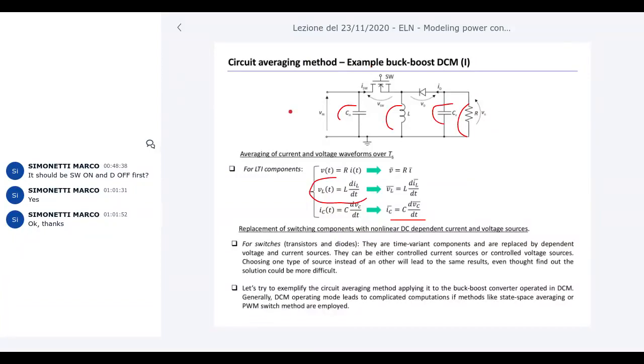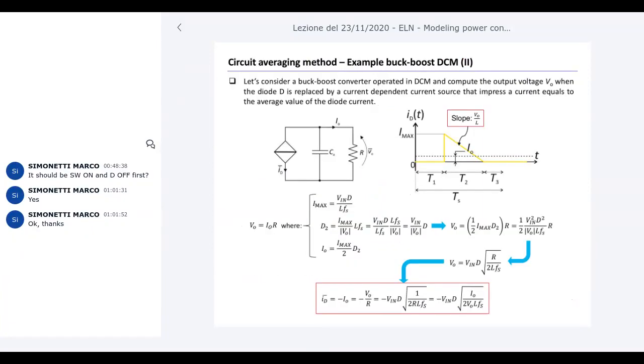Basically the buck boost is the more employed converter in DCM. The boost is not so employed. So it's worth analyzing what happens in the buck boost DCM. Of course, the same conclusion that we get for the buck boost DCM can be applied to the boost DCM, so practically they can have the same condition.